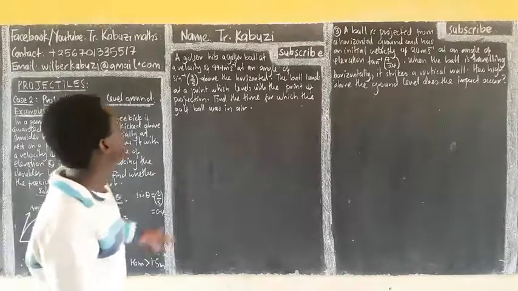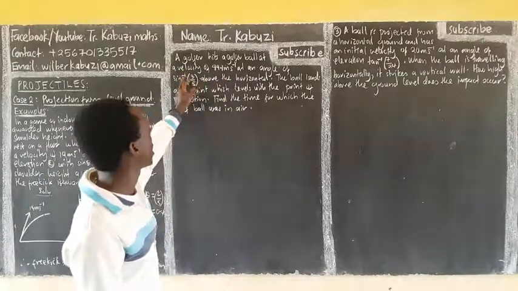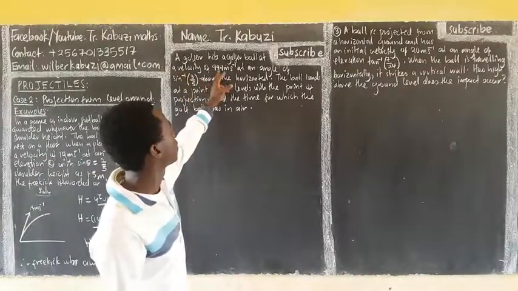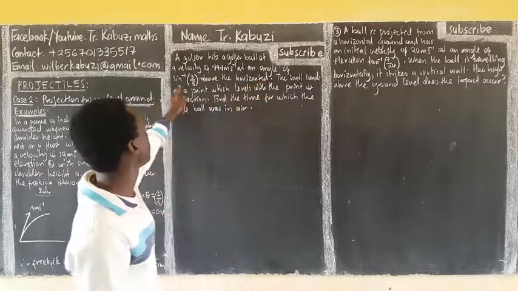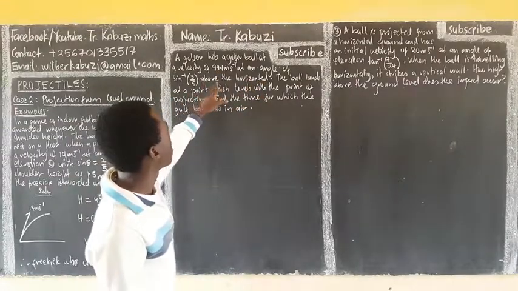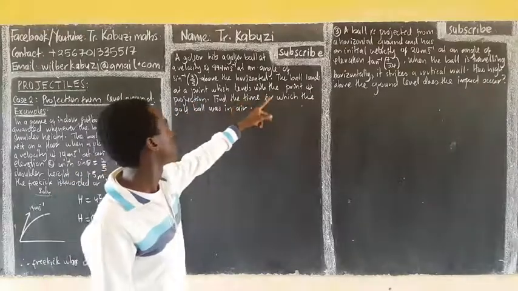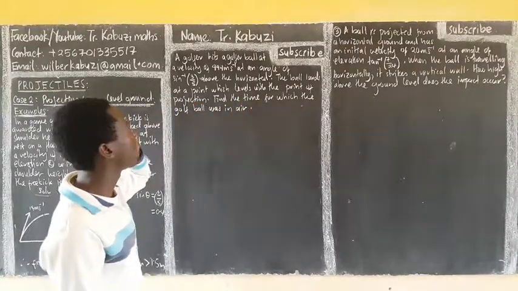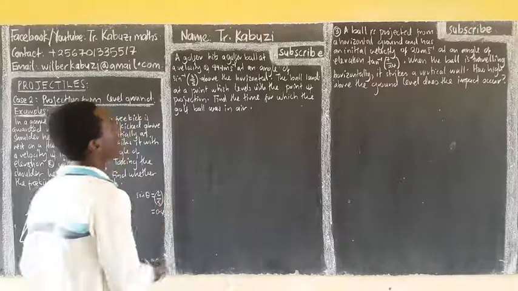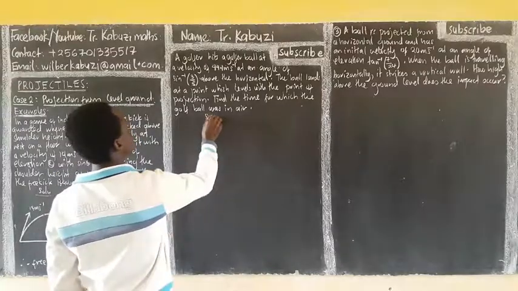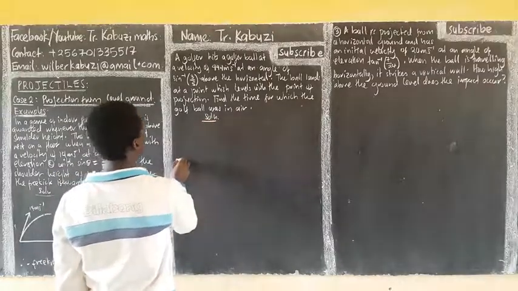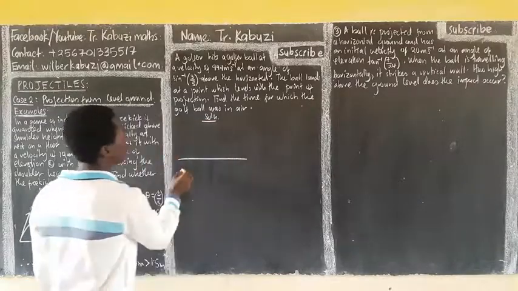Next: a golfer hits a golf ball with a velocity of 44.1 meters per second at an angle above the horizontal. The ball lands at a point which is level with the point of projection. Find the time for which the ball was in the air. So in simple terms, we have a golfer and the golf ball is here.